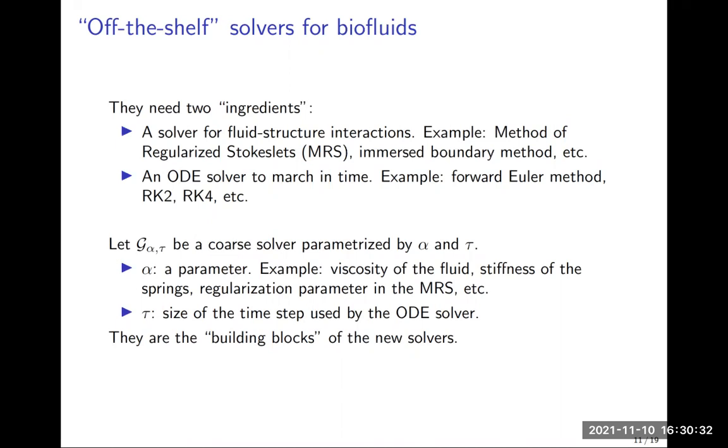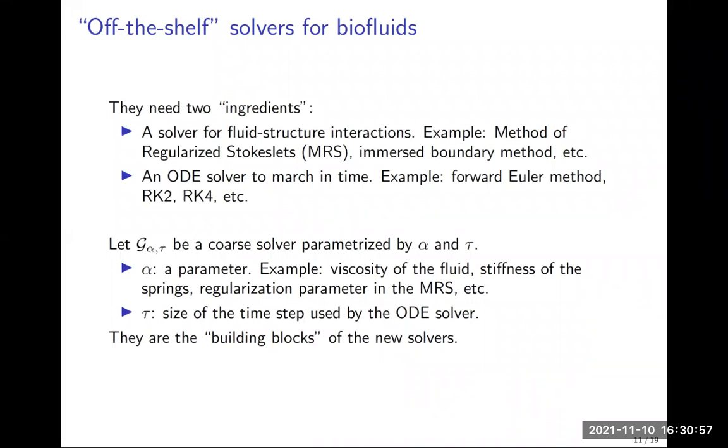So I'm going to introduce some new notation here. Here G sub alpha tau is a coarse solver parameterized by these two parameters, alpha and tau. And alpha is rather vague at this point, but it really can be a number of different things.